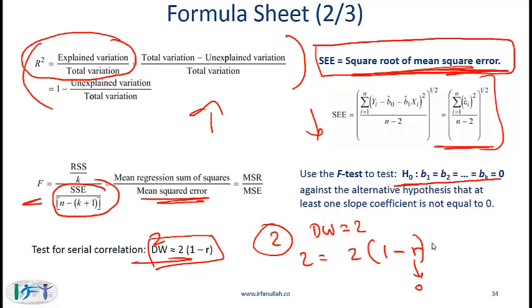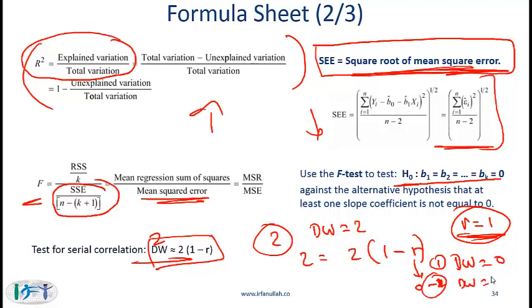What if, let's take another scenario, r is equal to 1? Then do we have a serial correlation problem? We clearly do, because this is as highly correlated as we can get. If r is equal to 1, then the Durbin-Watson statistic will be 0. And what if r is minus 1? If r is minus 1, then Durbin-Watson will be 4.